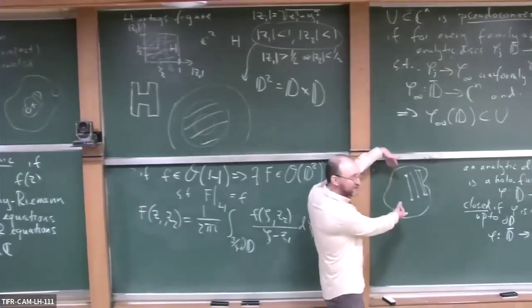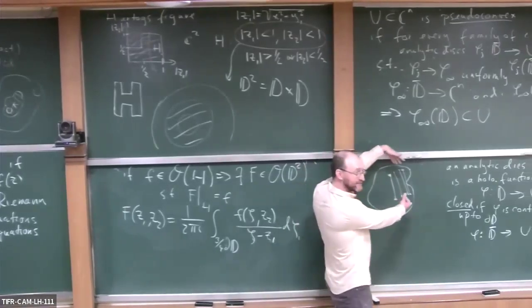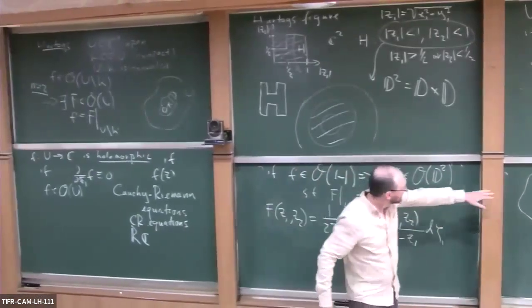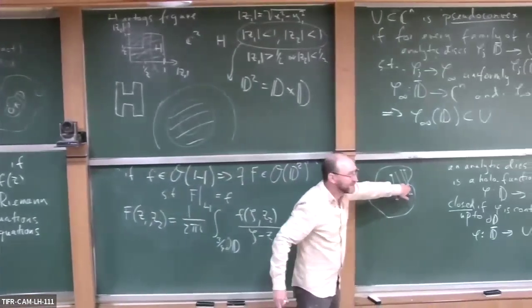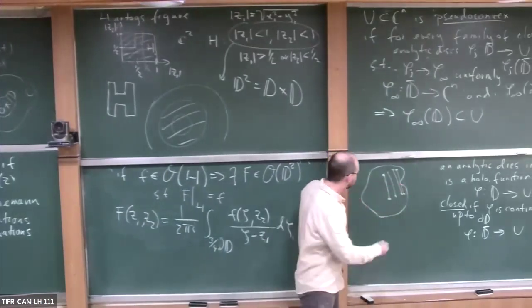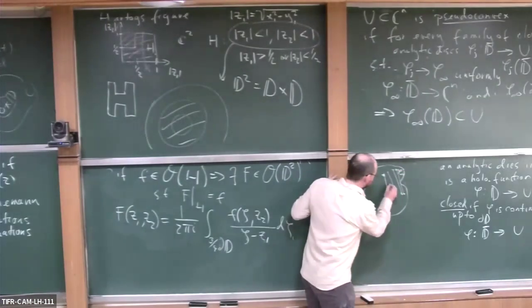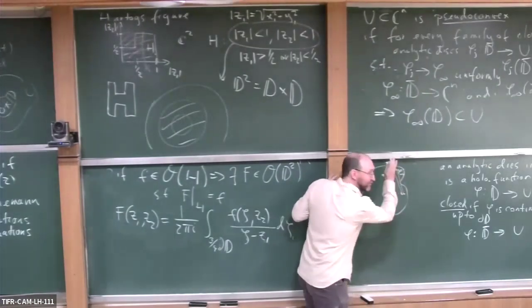The boundaries stay inside, so in the limit you're still inside your U. But the inside of the limiting disk, these are the shapes, and they uniformly approach.